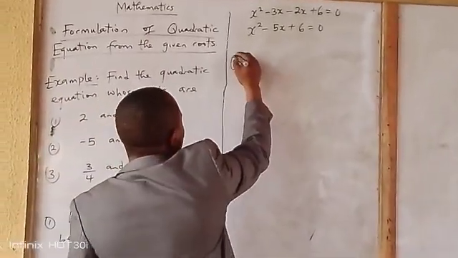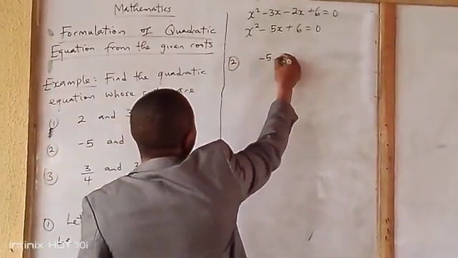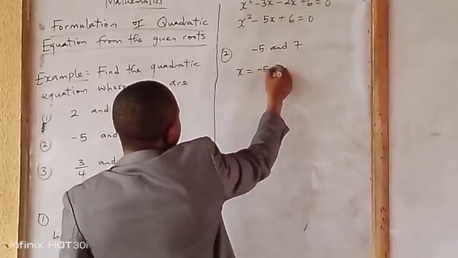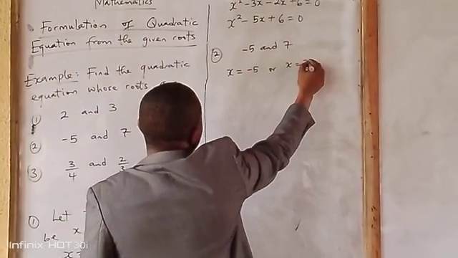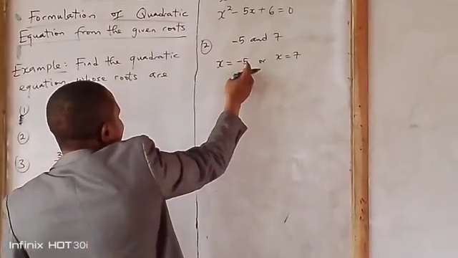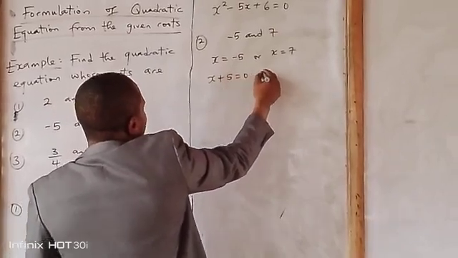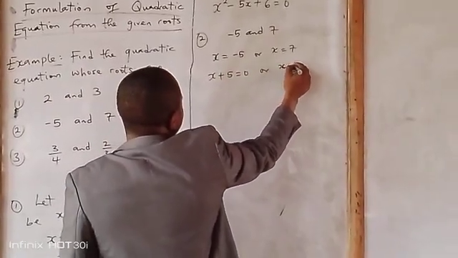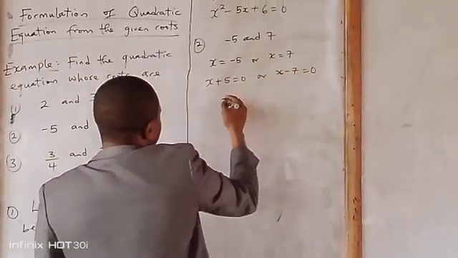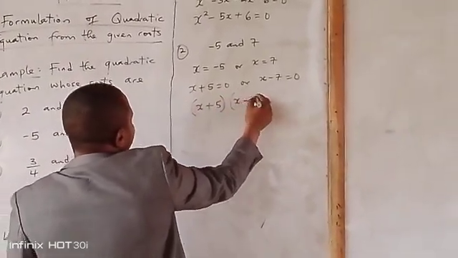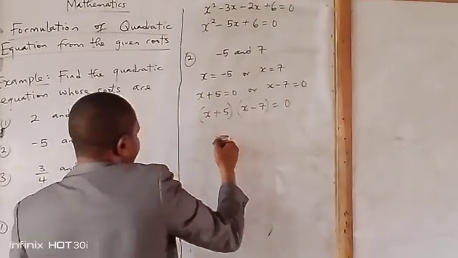Let's solve question 2. We have minus 5 and 7. So we assume that x is equal to minus 5 or x is equal to 7. Then from here, by the time minus 5 comes to this side, we are going to have x plus 5 is equal to 0 or x minus 7 is equal to 0. So we are going to have x plus 5 in bracket of x minus 7 is equal to 0.